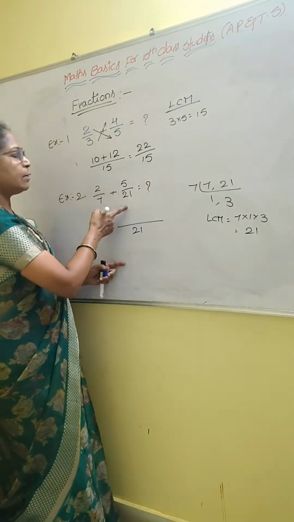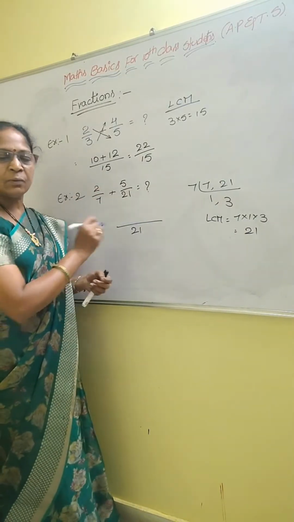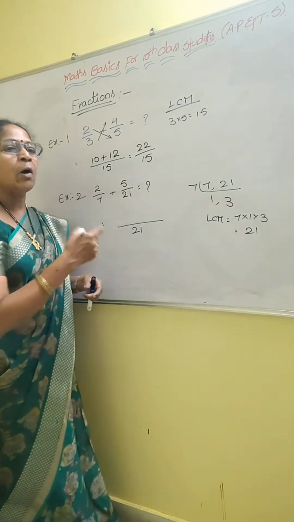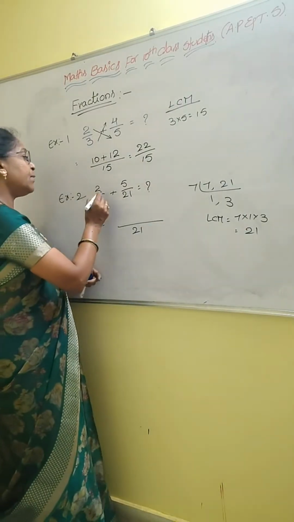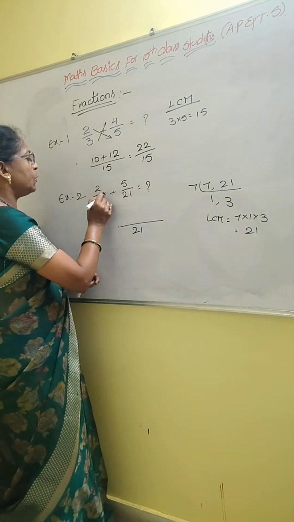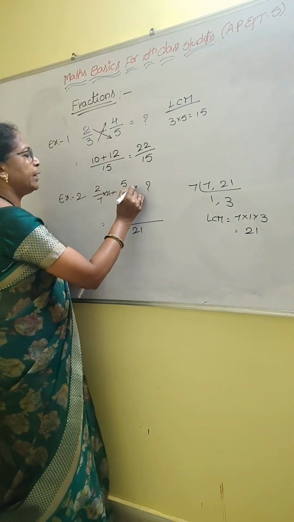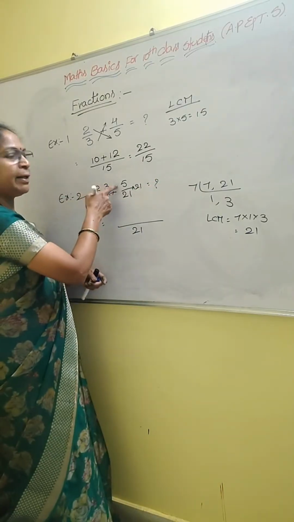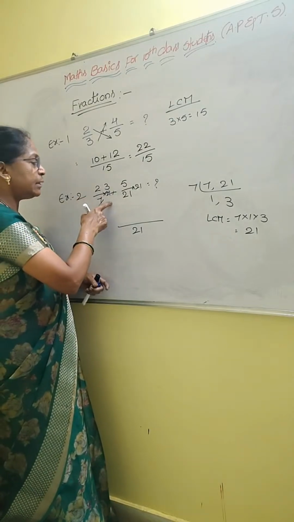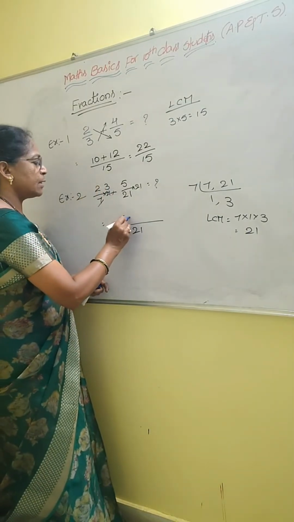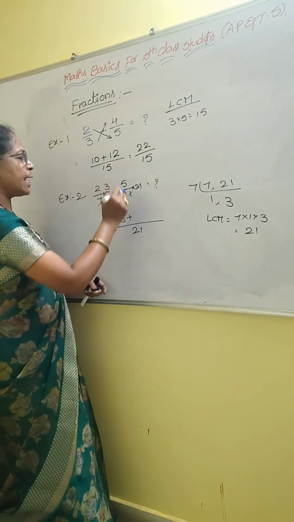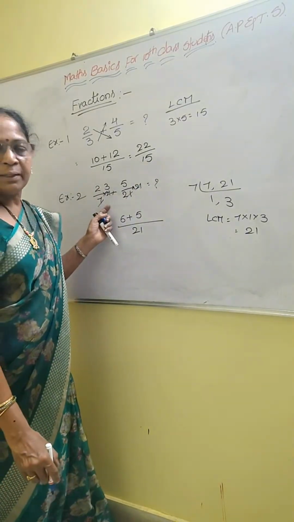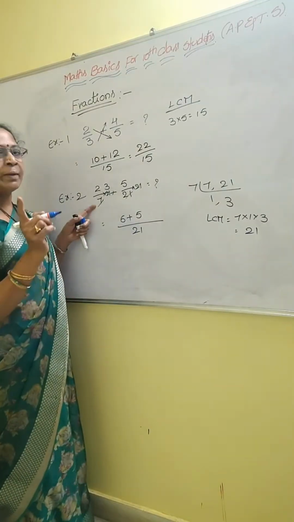Here we cannot cross multiply the numbers to get the value. What you have to do is write 21. 7 goes in 21 how many times? 3 times.